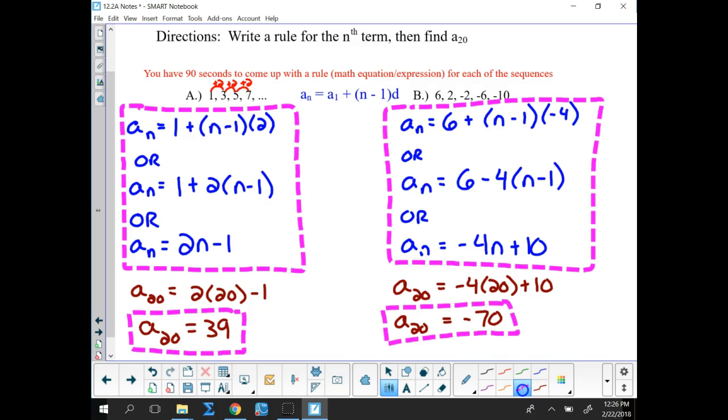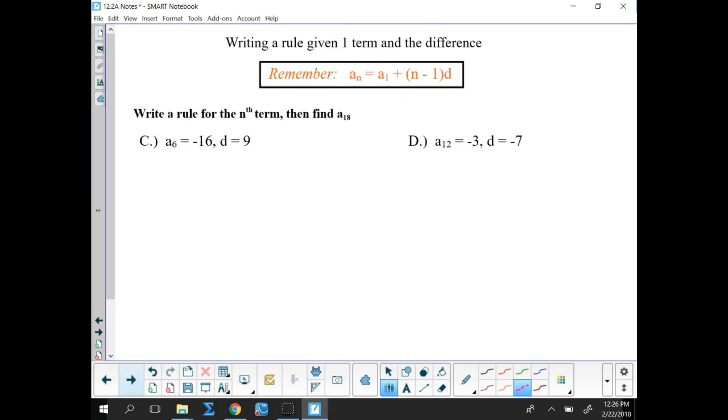Yeah, buddy? Writing a rule given one term and the difference. Ooh, yeah. Okay, so what is this telling me right here?